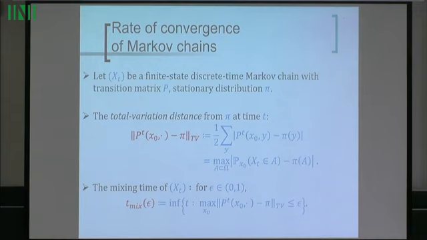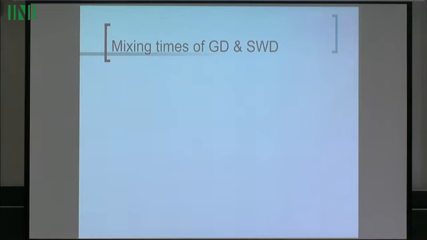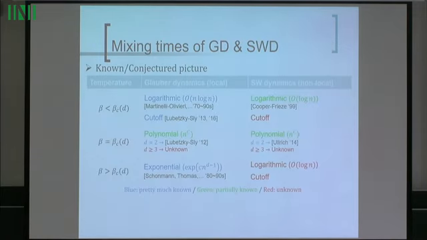Now let's see what the mixing time should be for the Glauber dynamics and the Swendsen-Wang dynamics. So this is the known or believed picture. For the Glauber dynamics at high temperatures, it is known to have logarithmic mixing time of constant times n log n, and it is also known to show cutoff, which I will describe in the next slide.